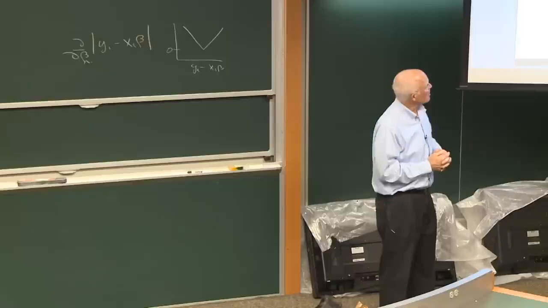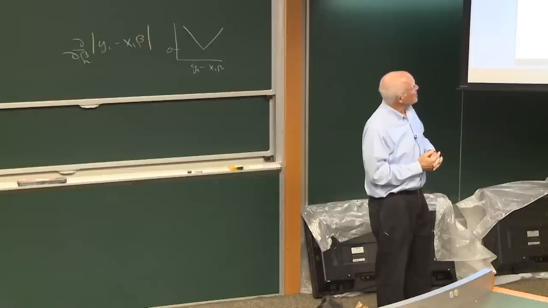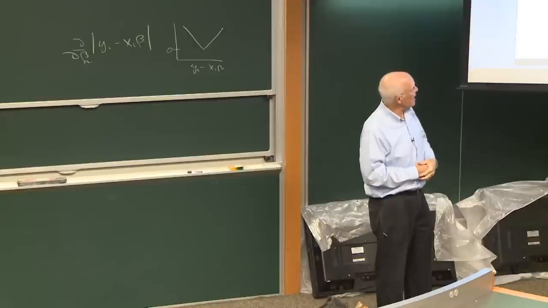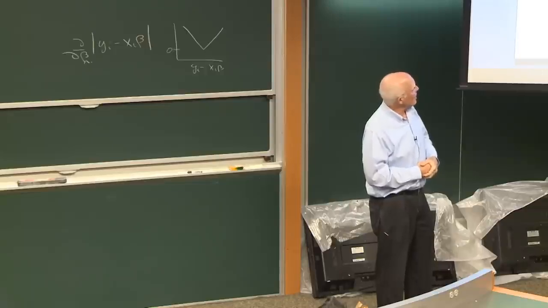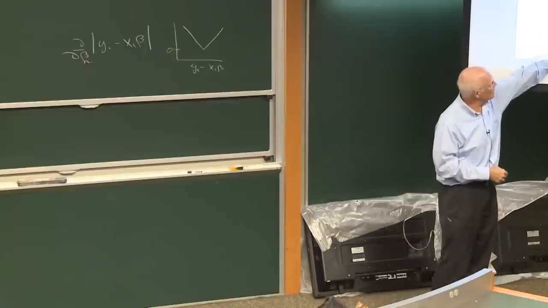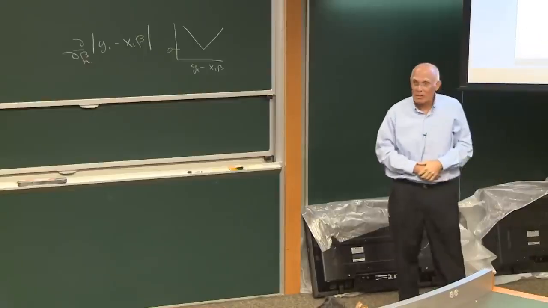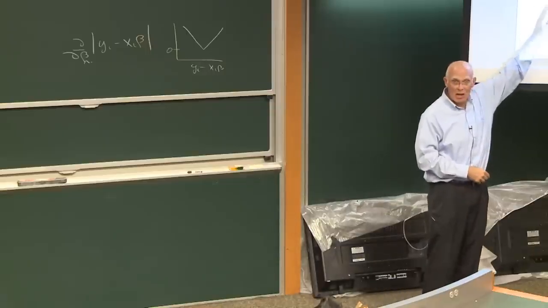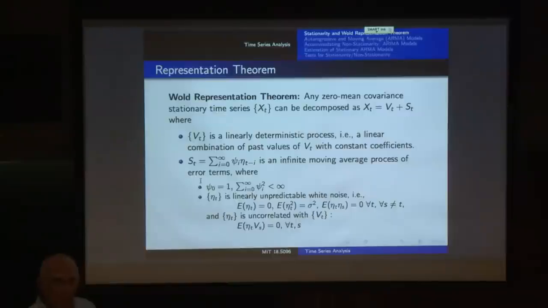It's something that's fixed without randomness. And st is a sum of coefficients psi i times eta t minus i, where the eta t's are linearly unpredictable white noise. So st is a weighted average of white noise with coefficients given by the psi i.